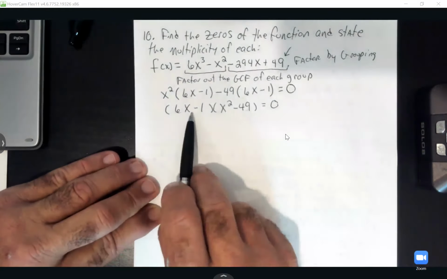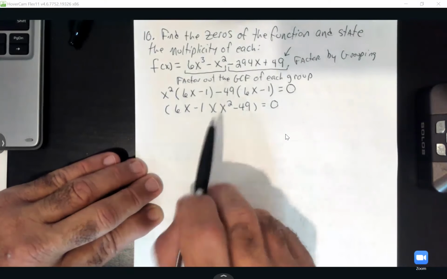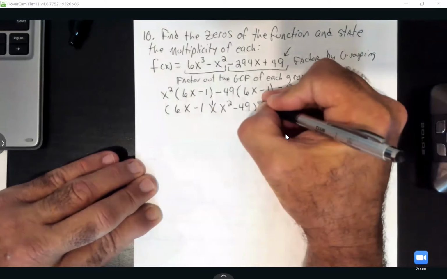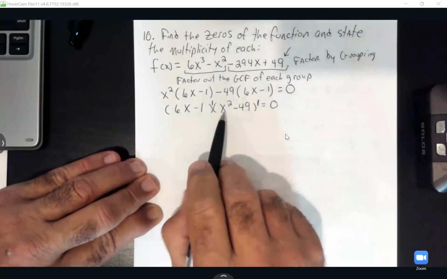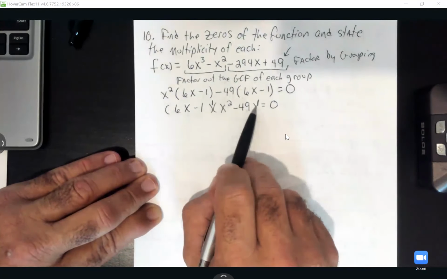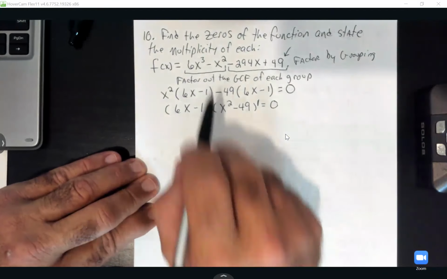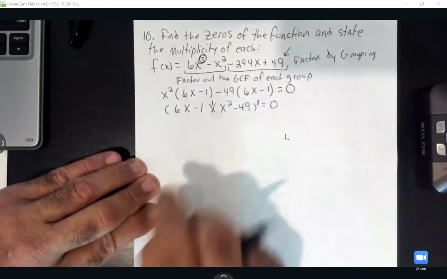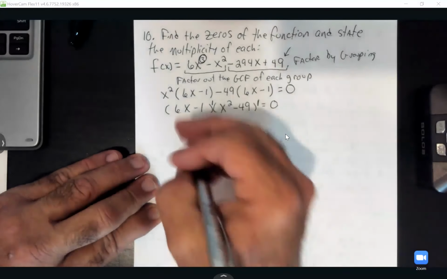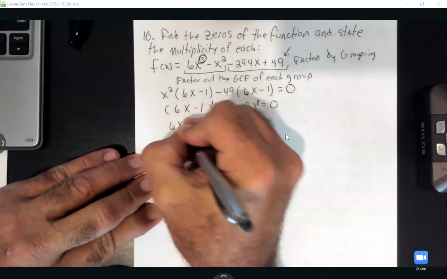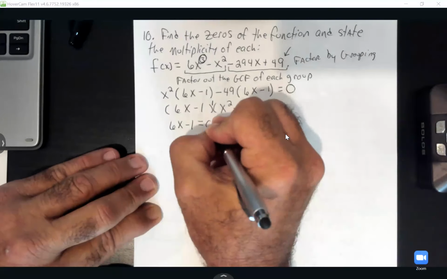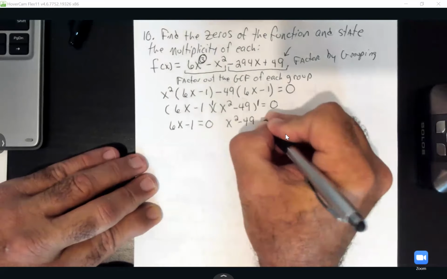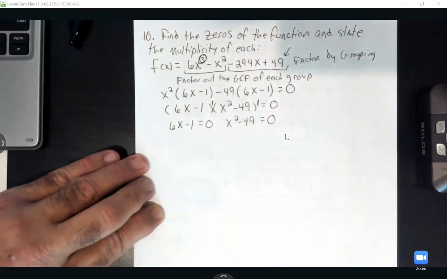All righty, at this point, it's now factored. There's no exponents on the outside of these parentheses, so we treat it like they both have a 1 outside of them. Now remember, I got an x cubed term here, so that 3 is going to tell me I'm getting 3 different zeros. So I'm going to set that 6x minus 1 equal to 0, and then the x squared minus 49 equal to 0.